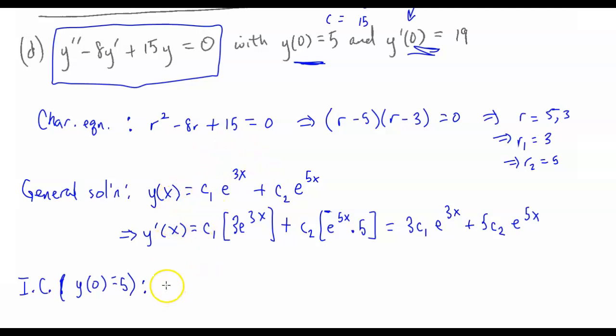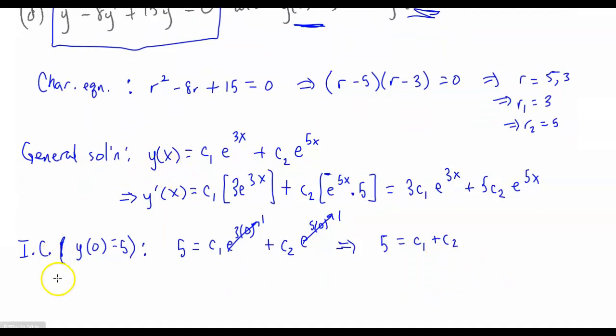So here, y of 0 equals 5 is basically going to be 5, which is going to be this side of it, equals c1 e raised to the 3 times 0 plus c2 e raised to the 5 times 0. And of course, e raised to the 0 times anything is just going to be e raised to the 0, which is 1. So this is 1, that's 1. So we see here that 5 is equal to C1 plus C2.